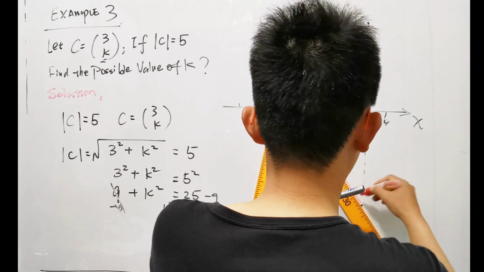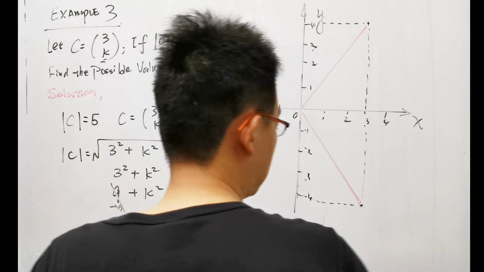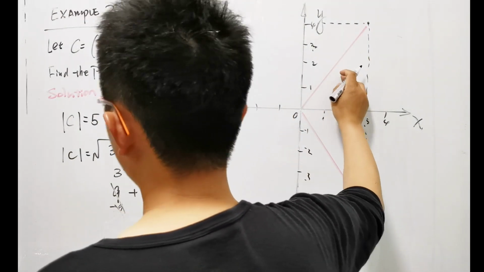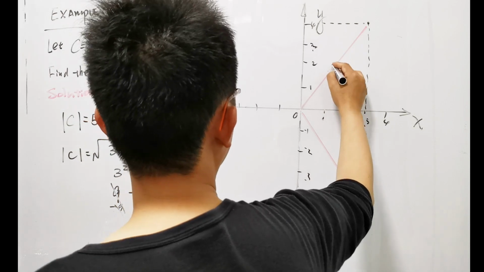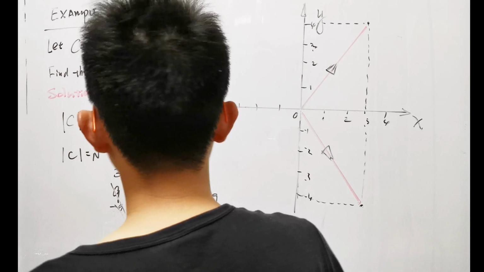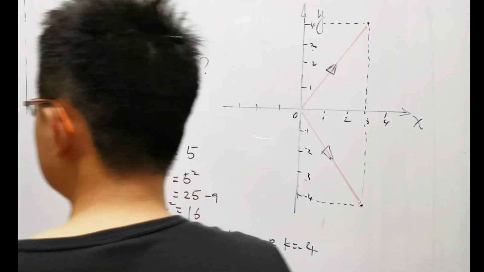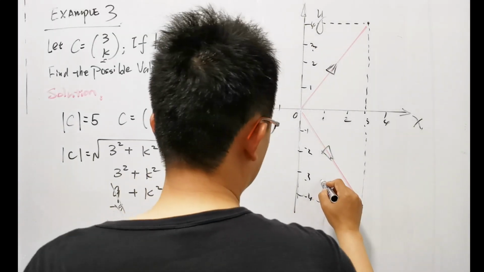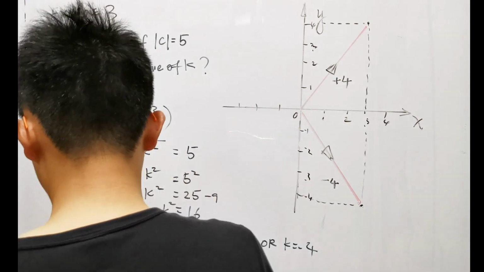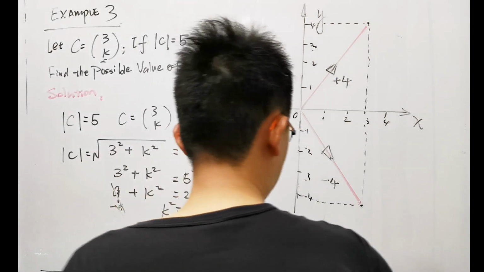Now let's draw this line. We join up these two and we get these. Basically this one is going up, and this one is going down. This is the case k equals minus 4, and this case k is plus 4. Now we finish example 3.